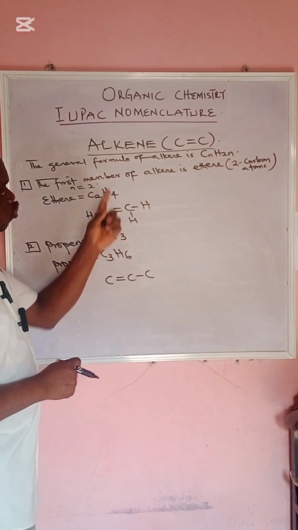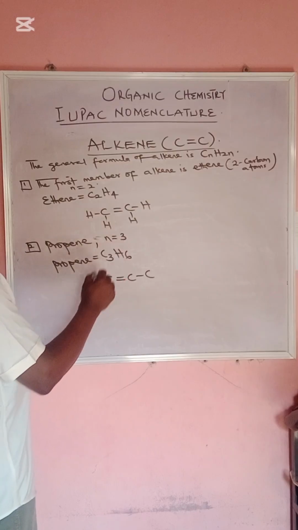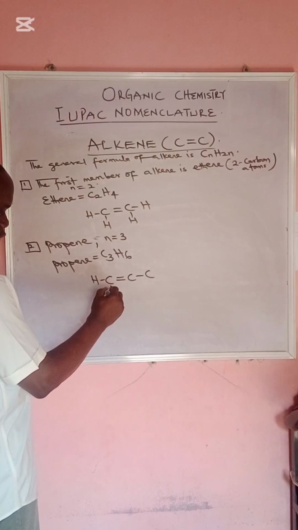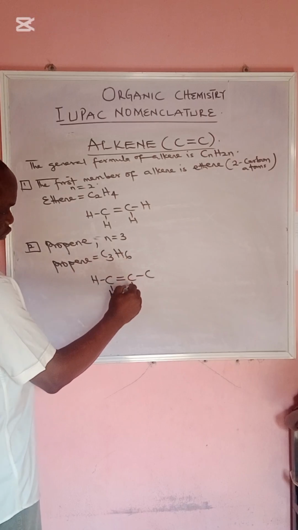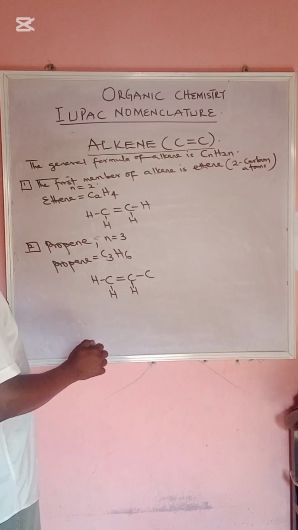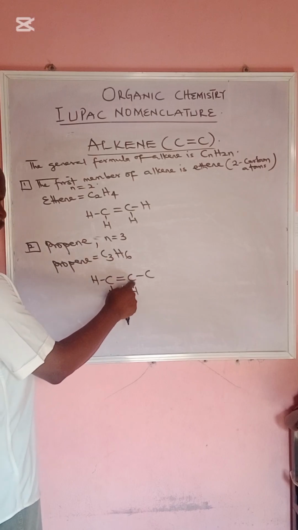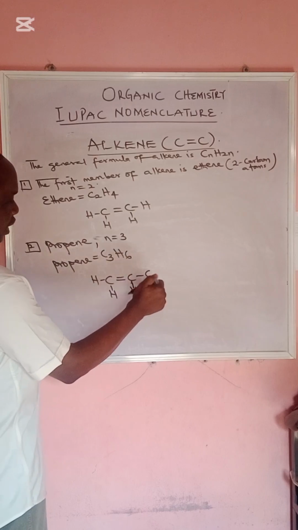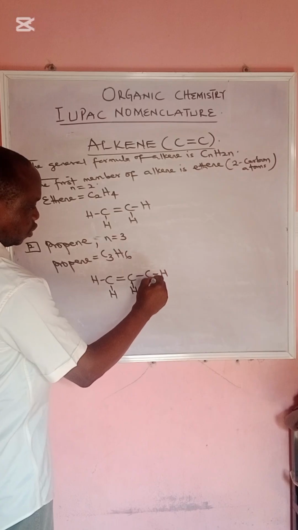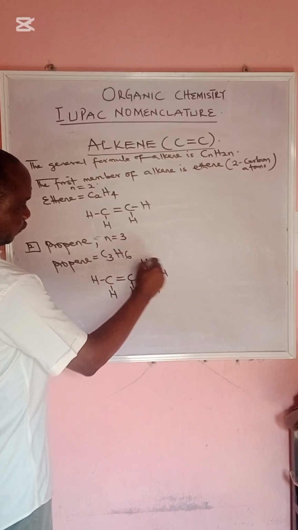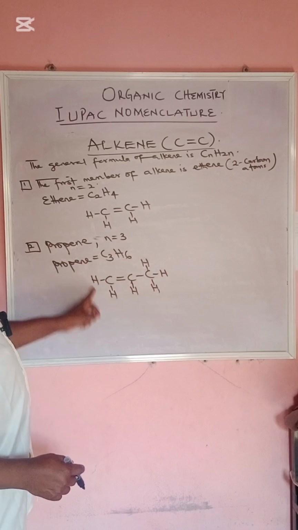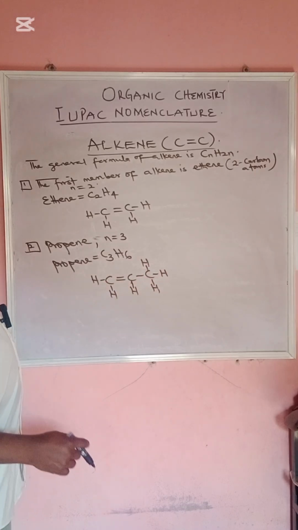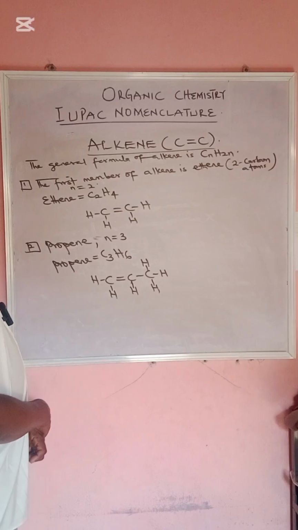So let's distribute hydrogen. 1, 2, 3, 4. Carbon is complete. So 1, 2, 3. I can put hydrogen here. 4. I cannot put anything here again. When you count, you see hydrogen is 6. We don't cram it. So that is the molecular formula of propane.